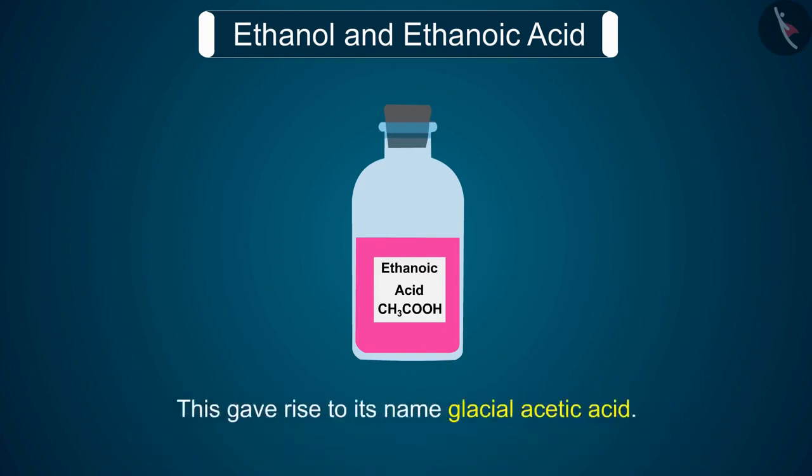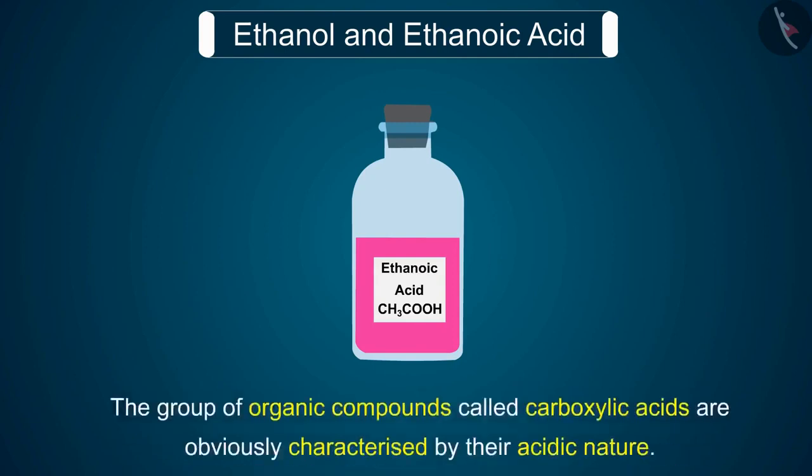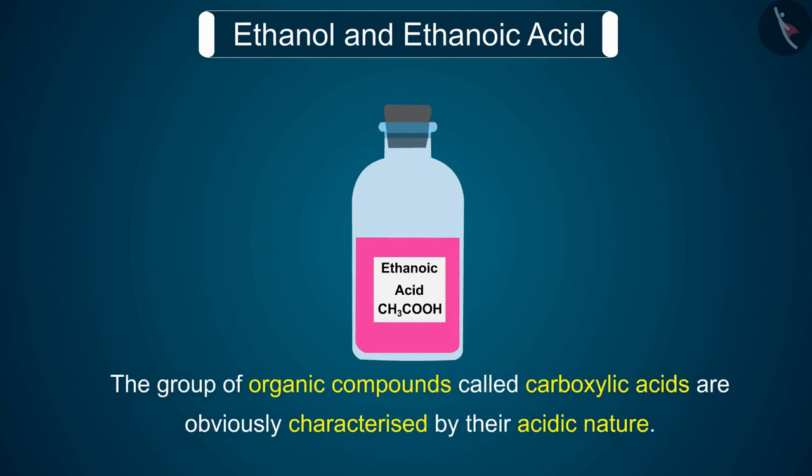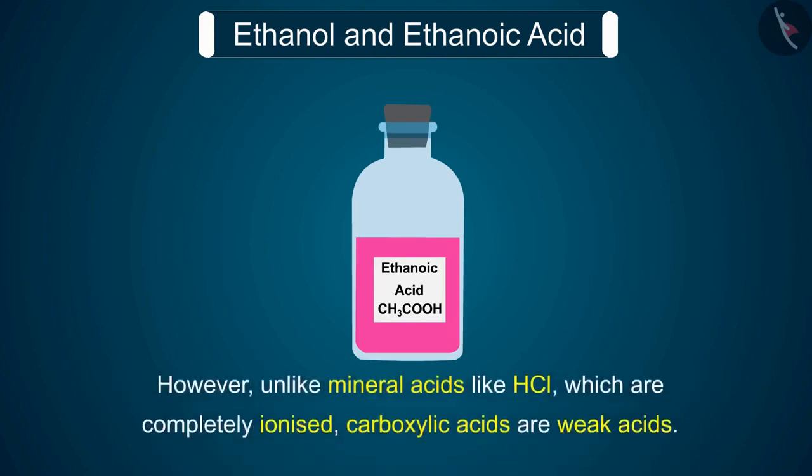This gives rise to its name, glacial acetic acid. The group of organic compounds called carboxylic acids are obviously characterized by their acidic nature. However, unlike mineral acids like HCl, which are completely ionized, carboxylic acids are weak acids.